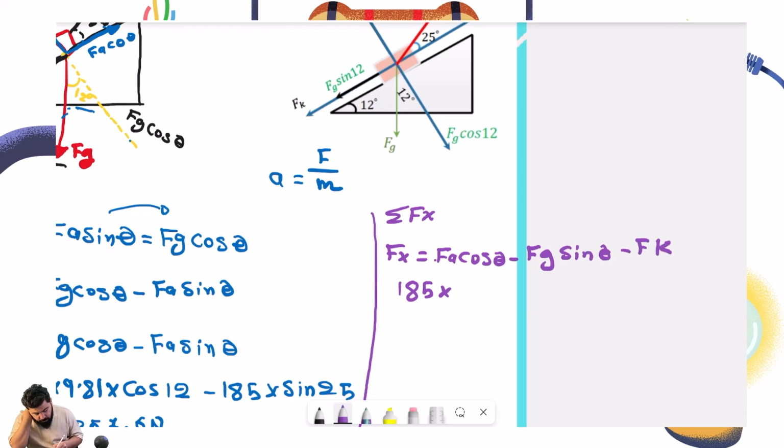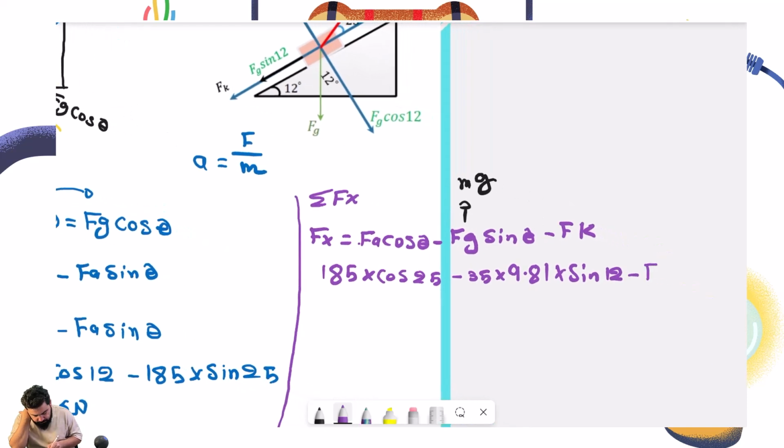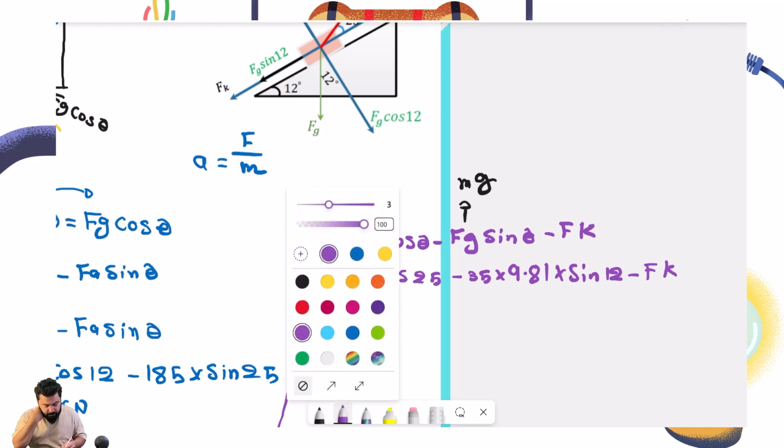185 multiplied by cosine of 25 minus Fg. Fg is going to be mg. Be careful. So mass, which is 35, multiplied by 9.81, multiplied by sine of 12, minus, do I have Fk? No, I don't have Fk. So let's find it. Fk is equal to mu k multiplied by Fn.